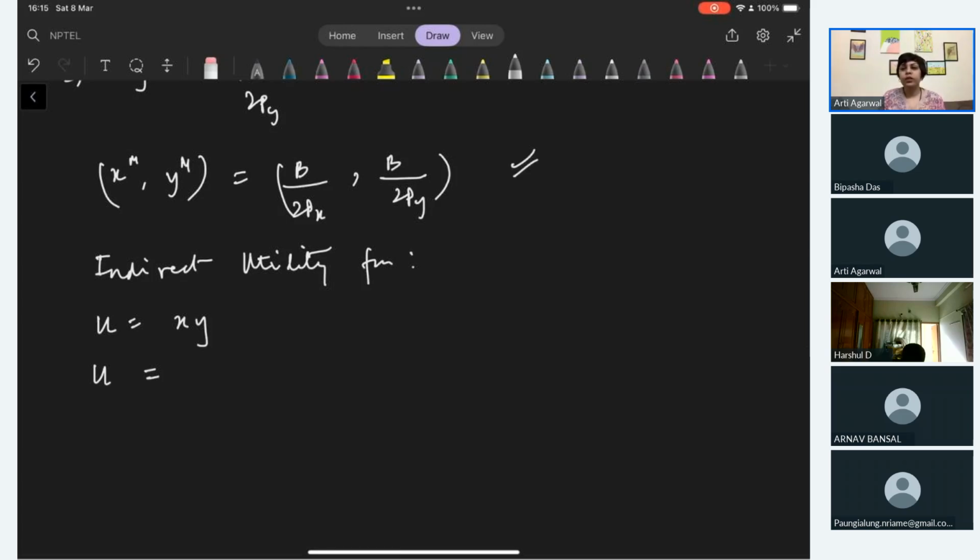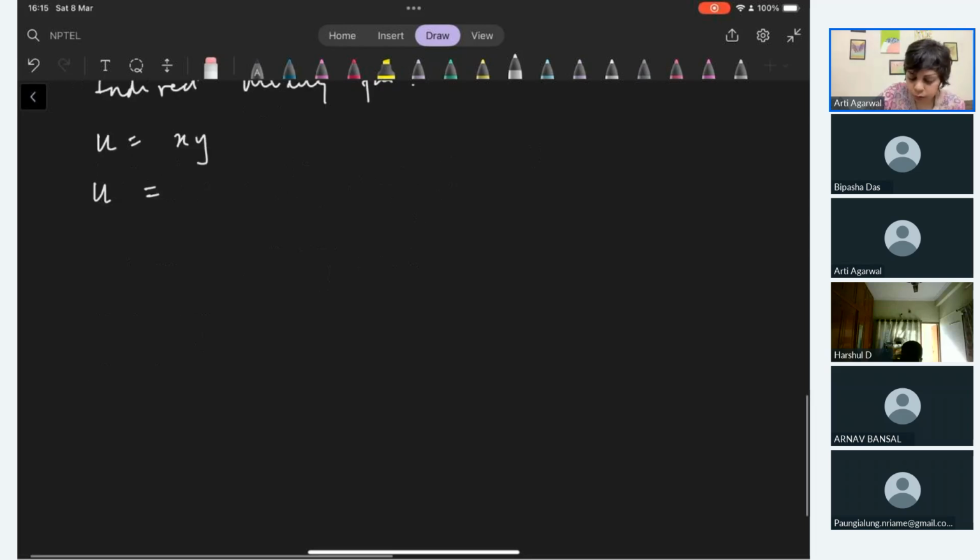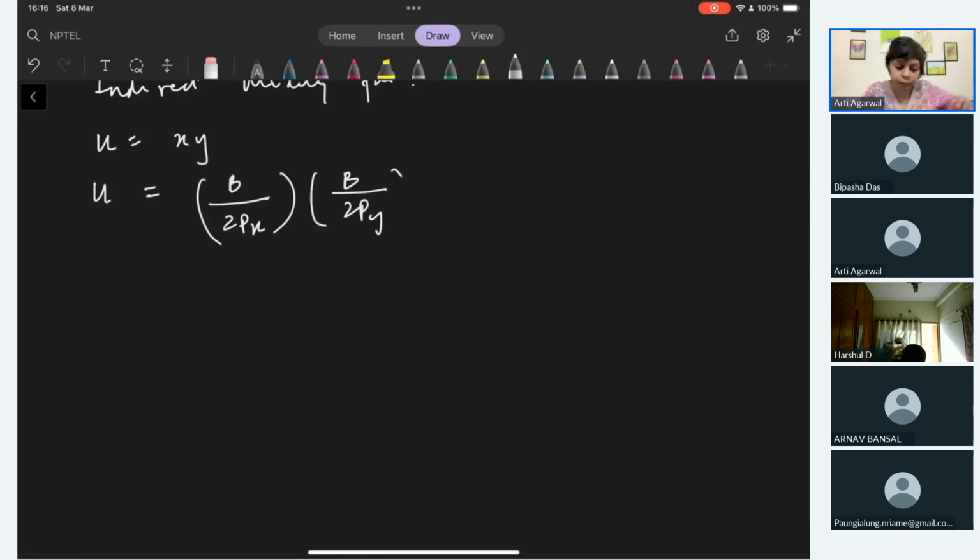Instead of x and y, we just plug in those values. So what do we write here? b upon 2px, b upon 2py. Okay, now we simplify this. This is b square upon 4px and py. So this is your indirect utility function.